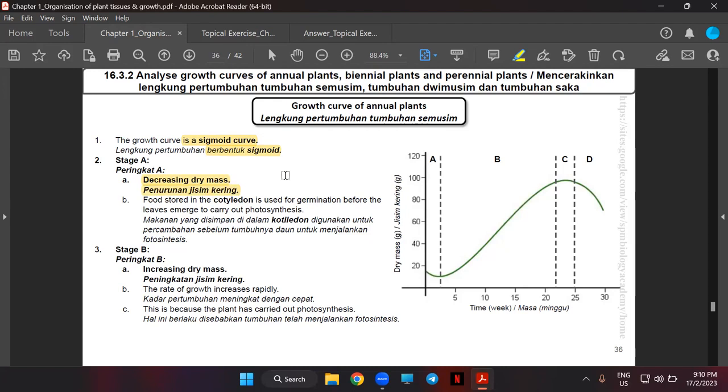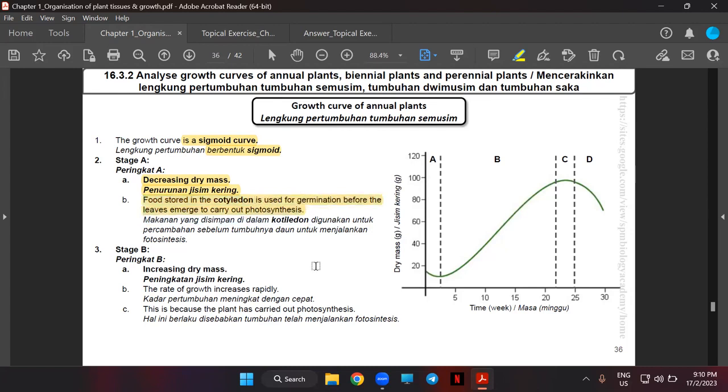Saya pernah bagi tahu semasa kita bincang nota ini bahawa jawapan ini mesti kamu tulis. You need to write this. Don't forget. So decreasing dry mass, penurunan jisim kering, markah yang kedua. Food stored in cotyledon, markah ketiga, is used for germination before the leaf emerges to carry out photosynthesis.